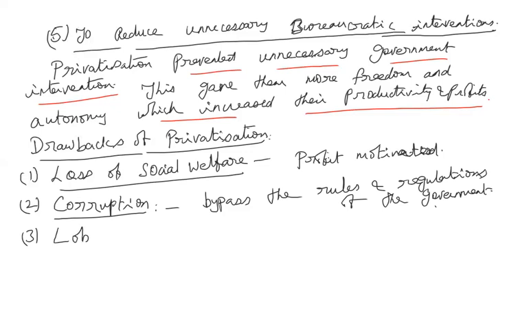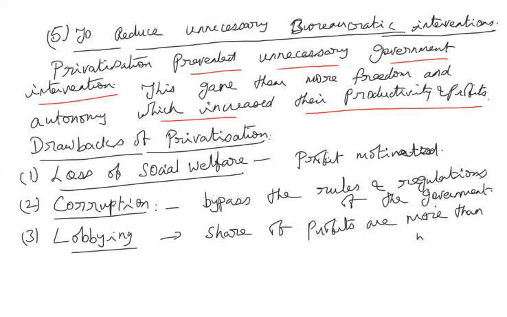And then the third one is something called lobbying. Lobbying here means the private sector will see to it that, out of the total revenue, the share of profits is always more than the share of wages. They are not bothered about paying proper returns to the staff working in their organization. They are more bothered about profit. So they lobby, market and advertise in such a way that the share of profits is always higher than the share of wages.